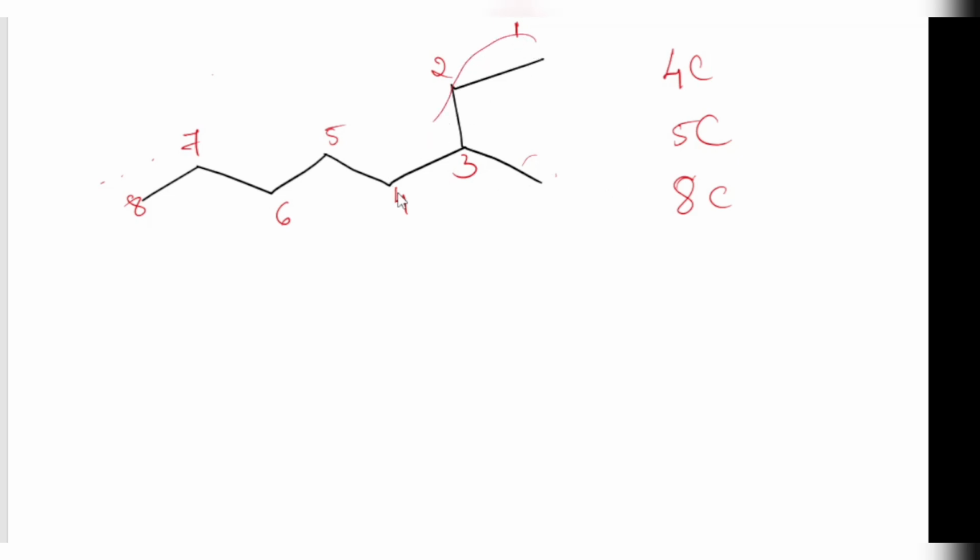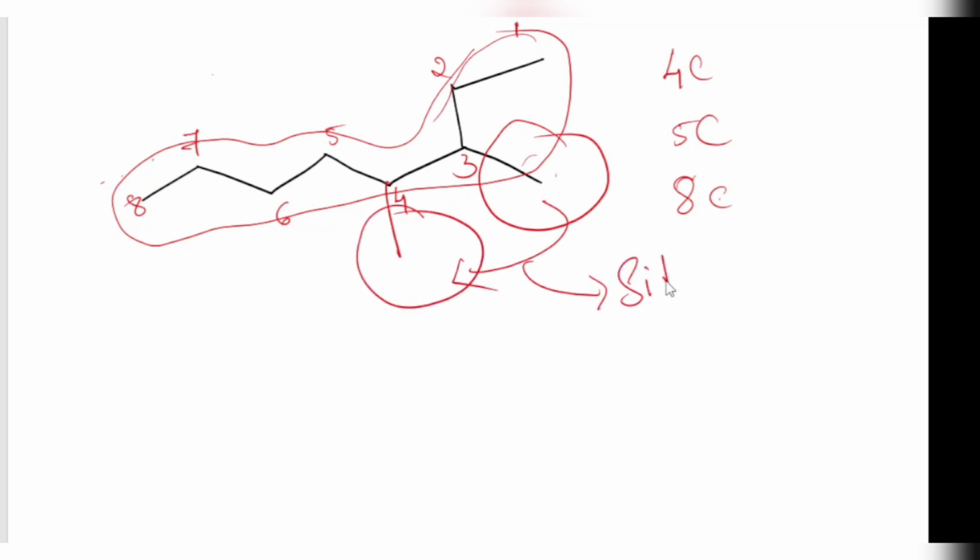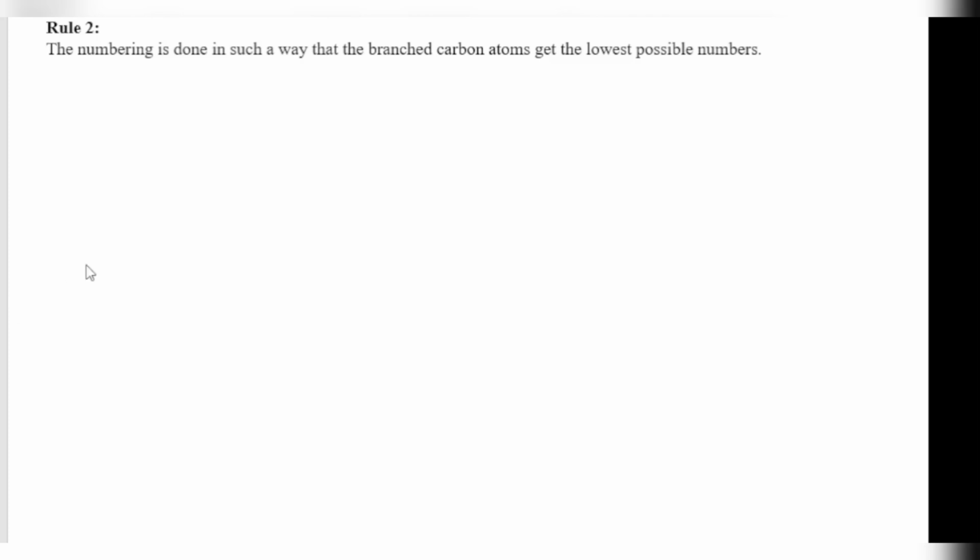This is the principal chain. Here one methyl group was there before. This one is the principal chain, it contains 8 carbons, and this carbon and this methyl group, whatever these two groups are, are called side chains. I hope identifying the parent chain is understood by you people.